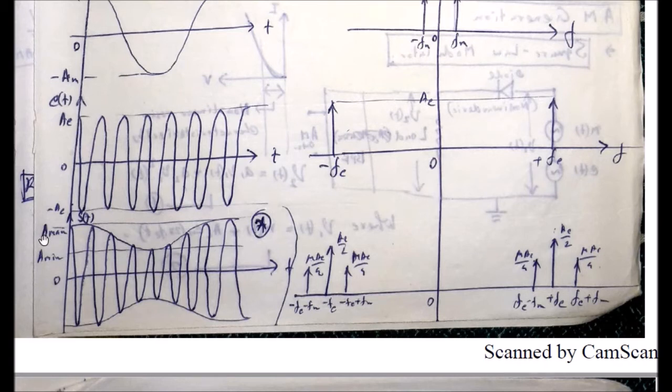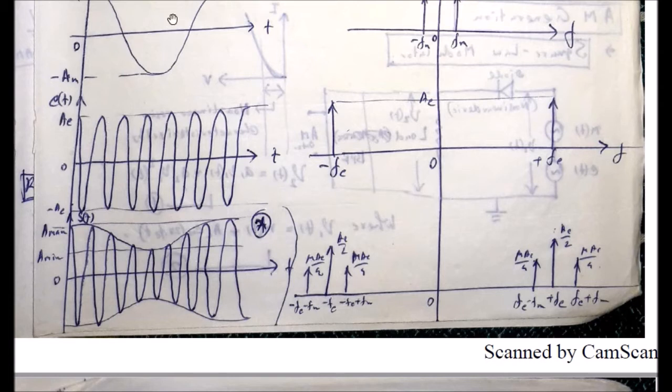Now if you consider the highest amplitude in the modulated signal as Amax and the smallest amplitude of the modulated signal as Amin, then from the relationship of Amax and Amin, you can find out the modulation index. Actually this procedure is used in experimental measurements.